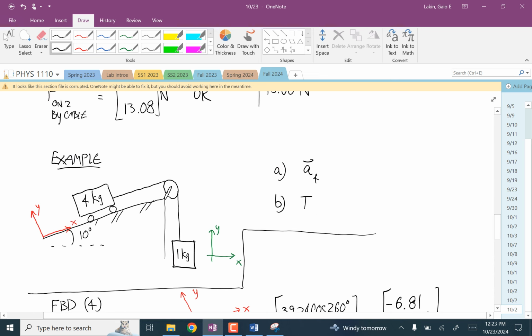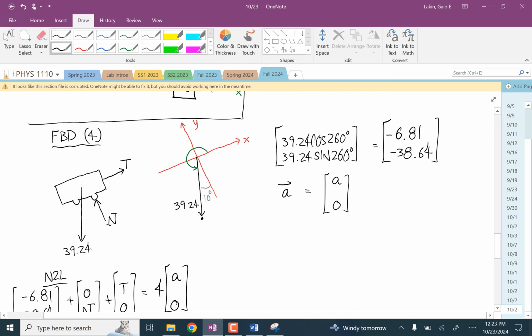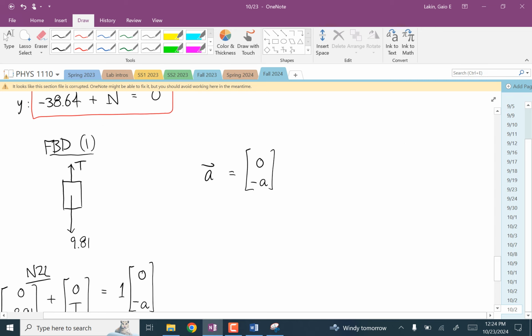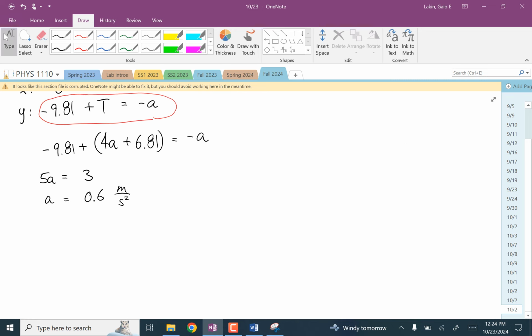We're supposed to calculate the acceleration vector of the rolling thing. Well, here's the acceleration vector. Now we just have to substitute that A into it. So the acceleration vector of the 4 is equal to 0.6, 0.